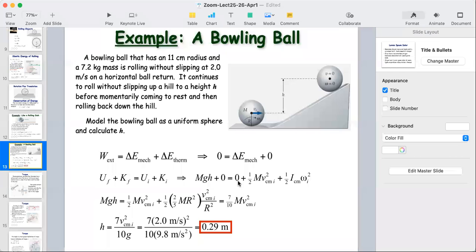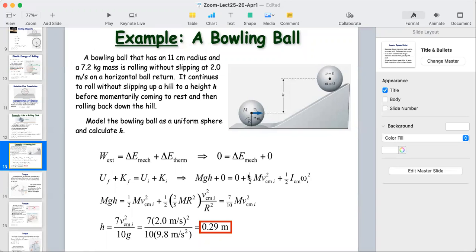In the initial position, instead, I have a potential energy which is 0, because I consider the bottom here as the 0 potential energy, because essentially h is equal to 0 at that point, plus what?